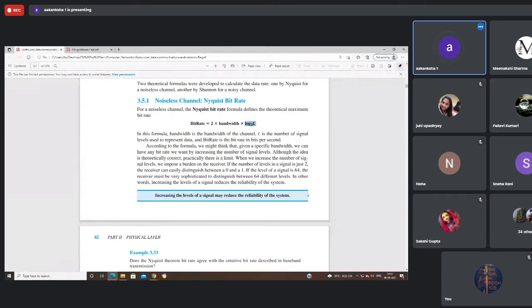Similarly, if I use 64 signal levels, 0 to 63 volts, how many bits can I represent? If I have 64 signal levels, how many bits can I represent? Students?